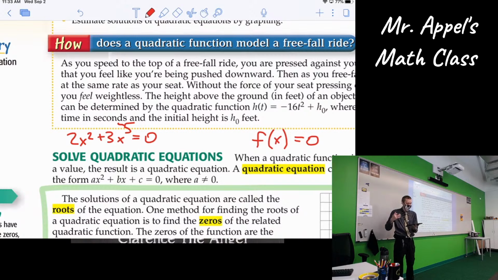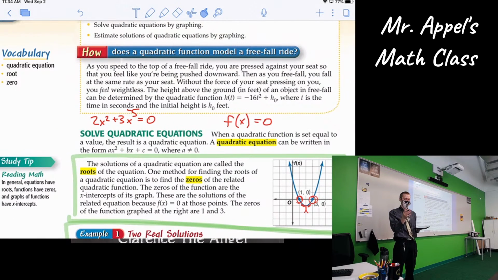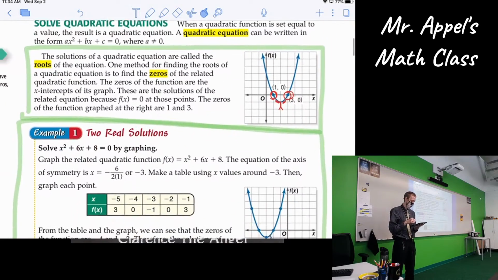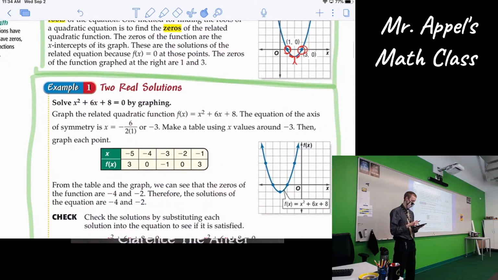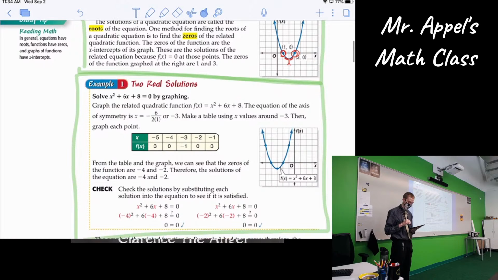Right? So once you have that, you can then graph the part that's not the 0 and find where the graph equals 0. And you have a couple possibilities when that happens. First off, you could get two real solutions. You could get the parabola crosses the x-axis at 2 points, just like that.